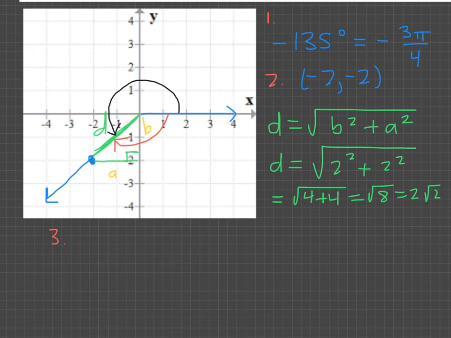If we remember how we find the positive coterminal angle, we take our original angle, negative 135 degrees, and we add 360. So we end up with 225. So this angle in black has an angle measure of 225, which we know that's the case. If we counted it out, that would be 5 pi over 4s, which is equivalent to 225.